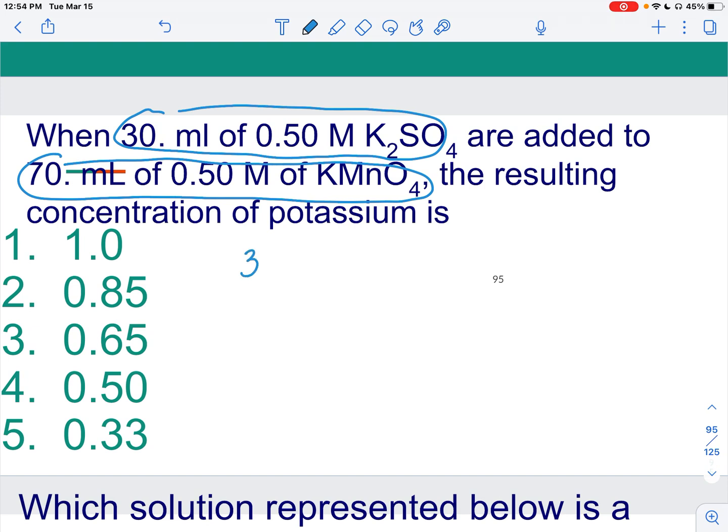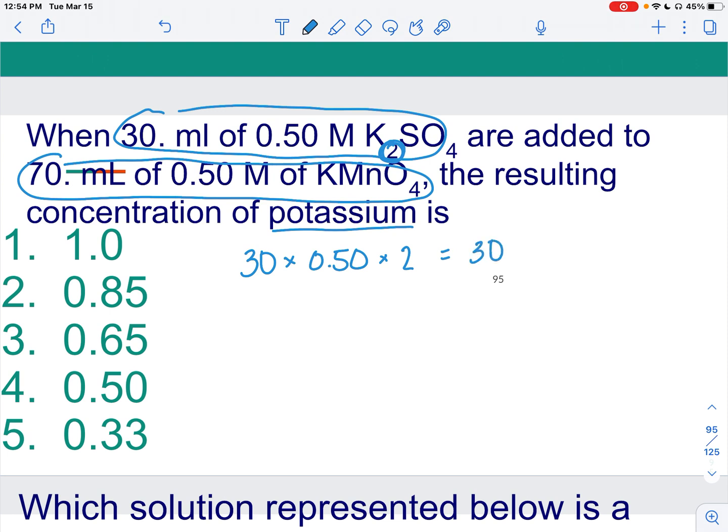So if I do 30 milliliters times 0.5 molar, and then I'm going to multiply by the coefficient of 2 because we are looking for potassium here. So don't forget that there are 2 potassiums for every potassium sulfate. That gives me a total of 30 millimoles.